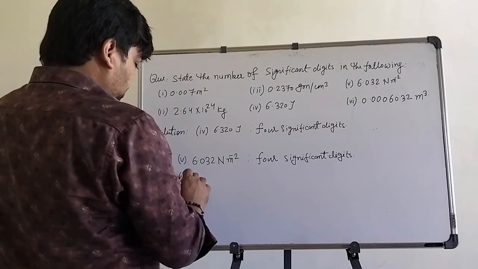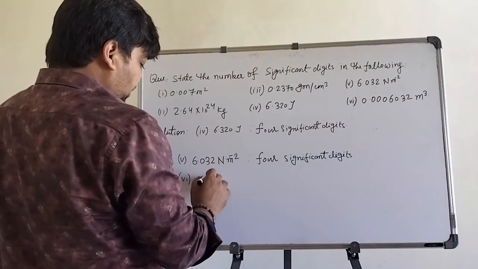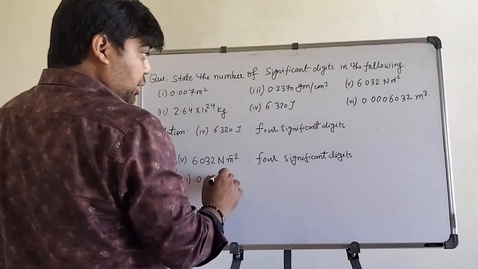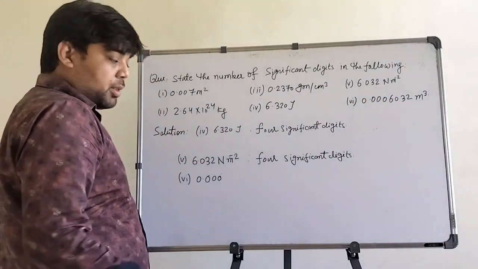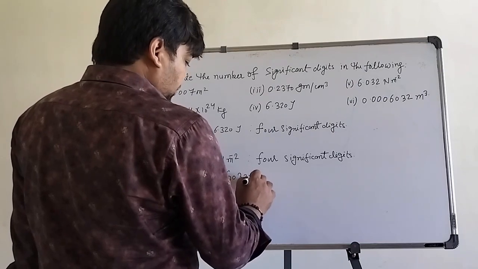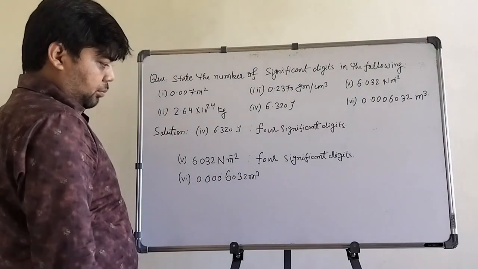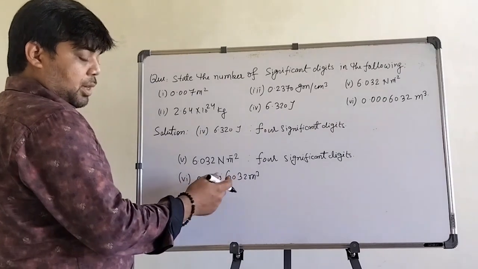Now let us go to the 6th one. Now 6th one is quite straightforward. ये काफ़ी आसान है अगर आप इसे ध्यान से देखें तो। So यहाँ पे how many are there?